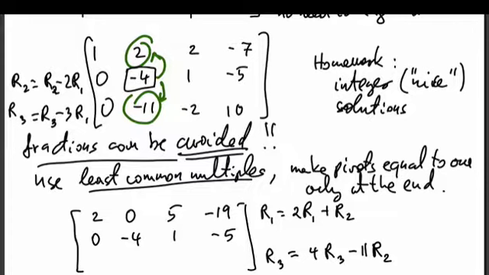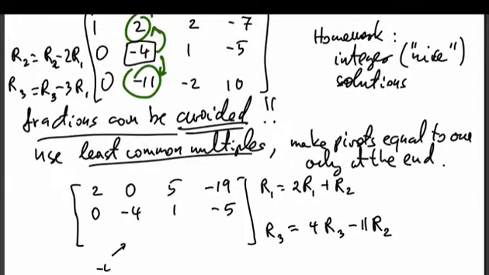So what I get here is minus 44 minus 11 times minus 4, and that gives me 0. Again, no fractions. Notice that the first entry in the third row doesn't change, since we are working with zeros already there.